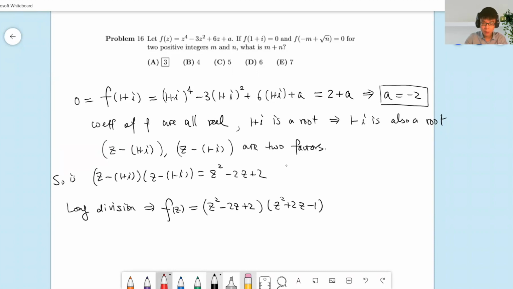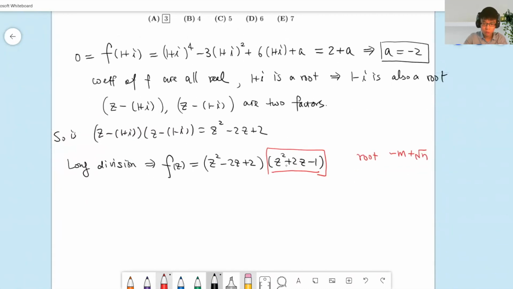Okay, now let's pay attention to the second part. This part corresponds to the roots minus m plus root n. So we can actually solve for z here. This quadratic equation has roots z equals minus 2 plus or minus the square root of the discriminant, which is 8, over 2. That is minus 1 plus or minus root 2.